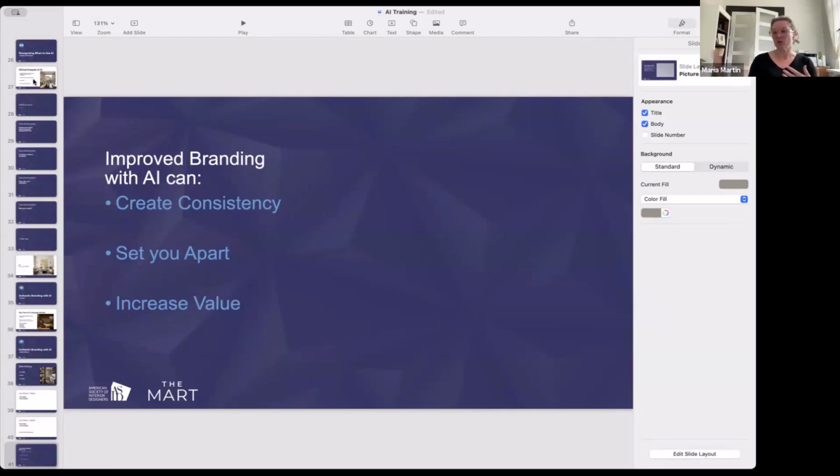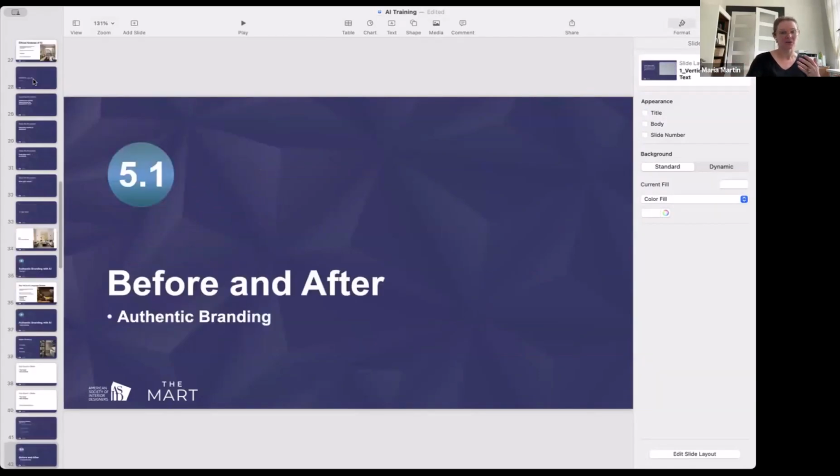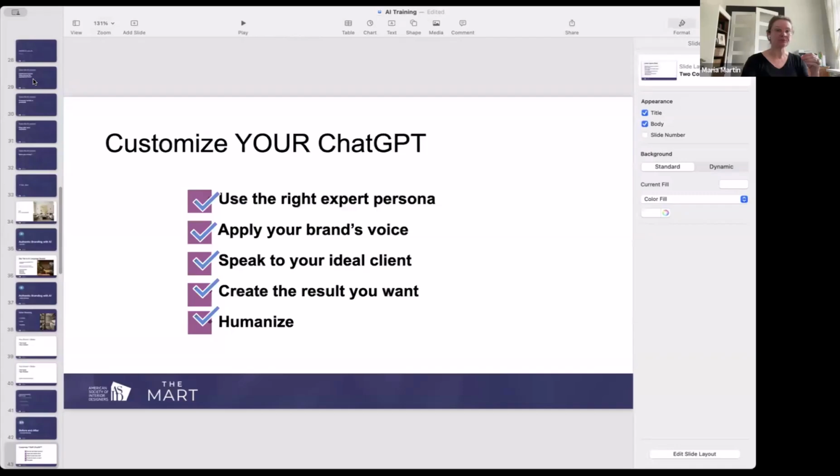Increasing value means more money, means less time, better results, right? And so when we talk about using ChatGPT, you're going to want to have some version of it that is working, that understands you.